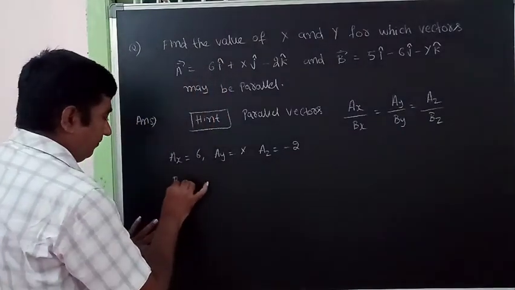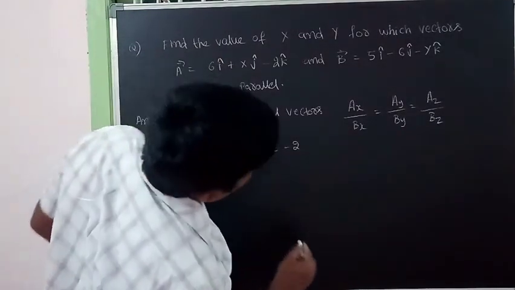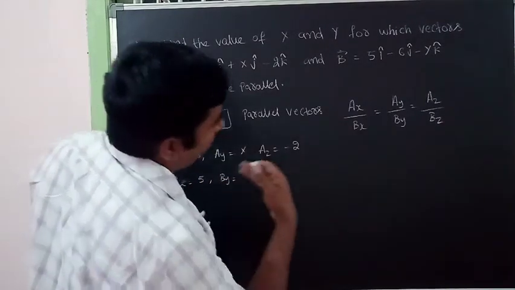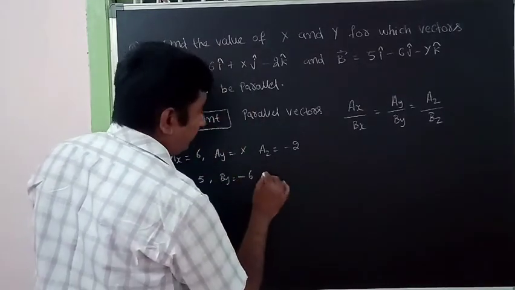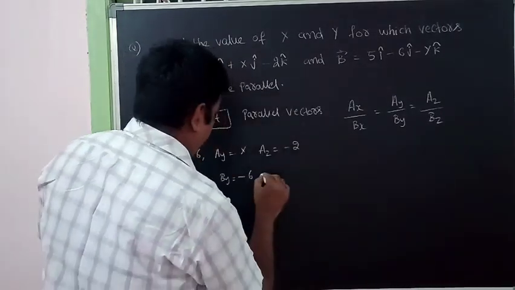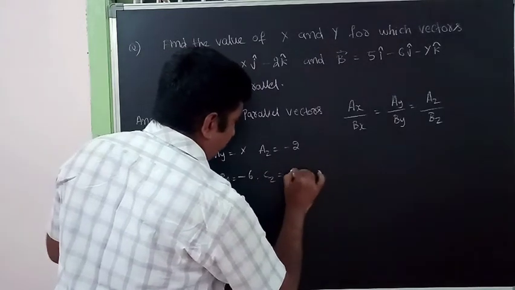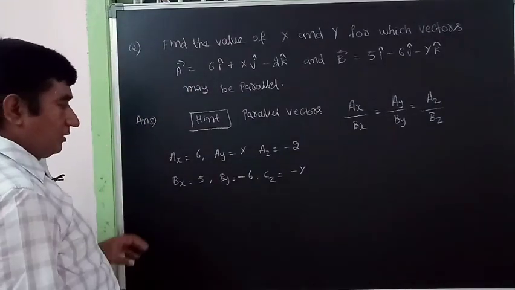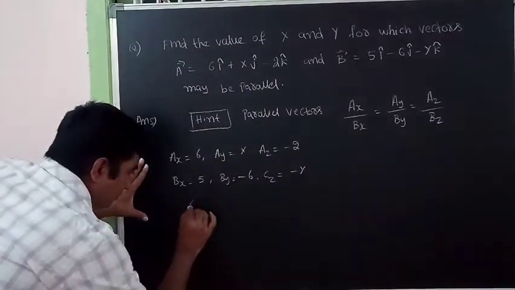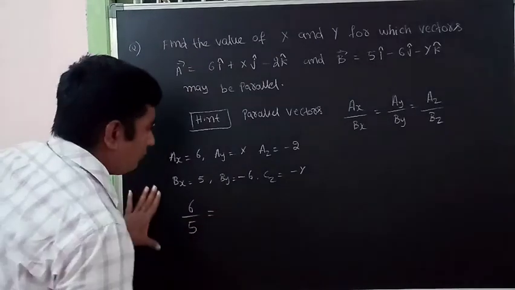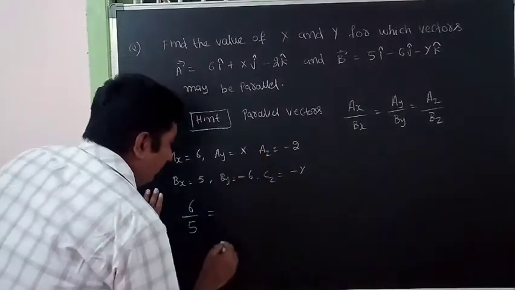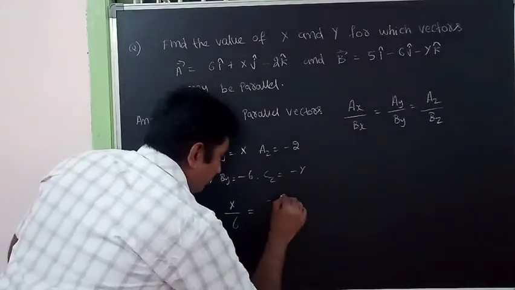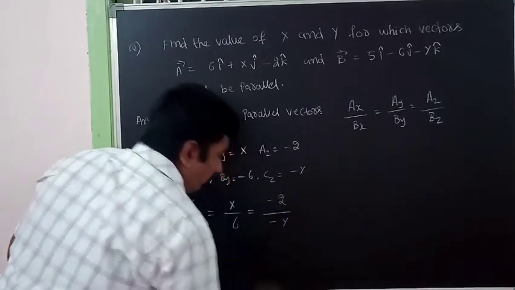In the same way bx is equal to 5, by is equal to -6 and bz is equal to -y. So ax by bx I can write as 6 by 5, which is equal to, ay by by, x by 6, is equal to -2 by -y.